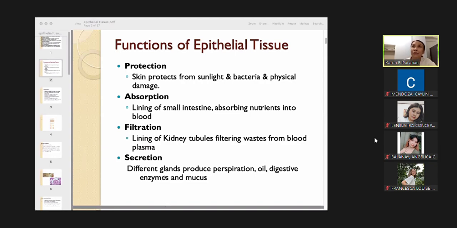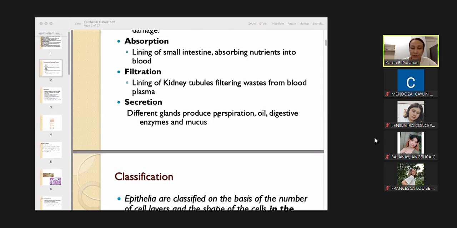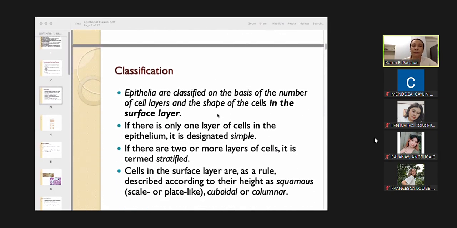I presented one of the pictures yesterday of salivary gland, which is lined with stratified cuboidal. So in that case, if it is lining the glands, mainly, they would function for secretion. Okay, so these are the varied functions of epithelial tissue. You have to always relate it with the location.